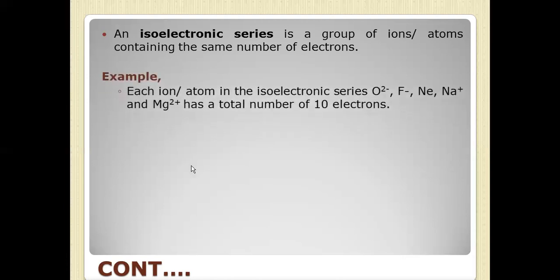Take an example: the isoelectronic series, O2 minus. Your oxygen has 8 electrons. When it becomes O2 minus, it is accepting another 2 electrons, therefore it becomes 10.